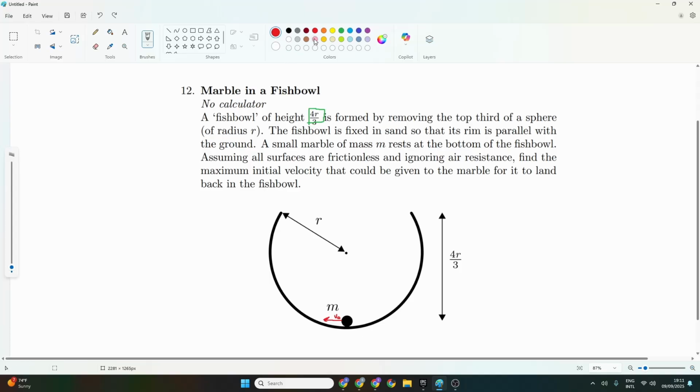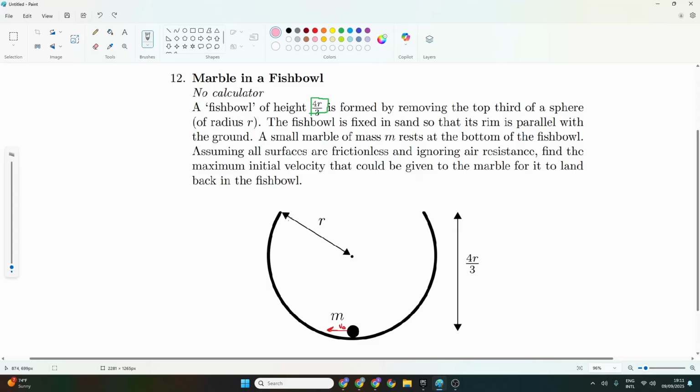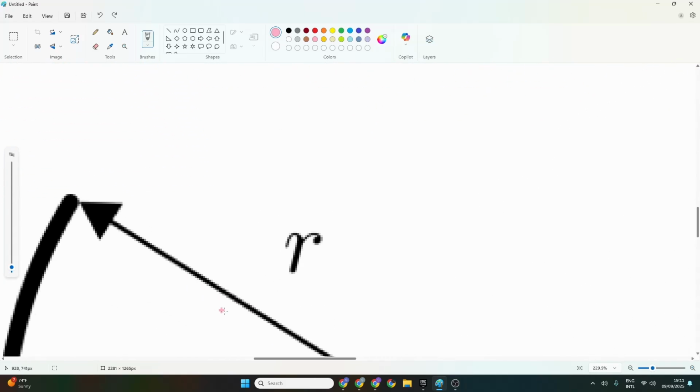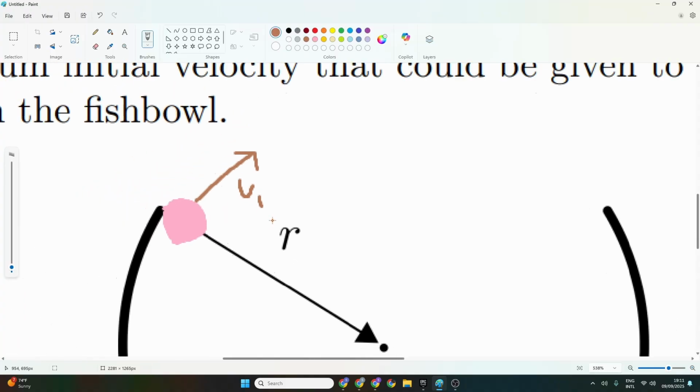What we can do is split this up into two problems. So let's consider what happens when the ball is right here. Whenever the ball is here, it has another velocity, whose magnitude is less than the initial, but that's the velocity we want to be looking at. So let's call that v1.